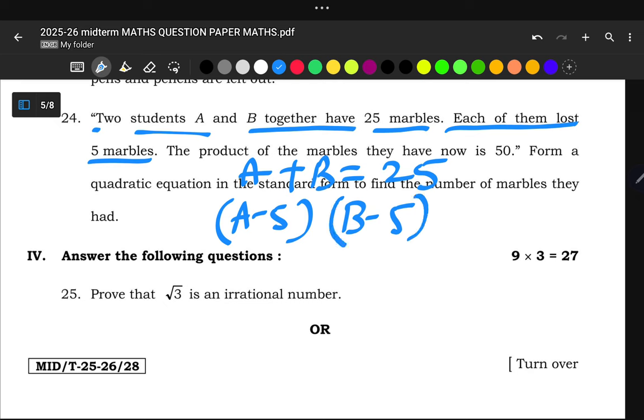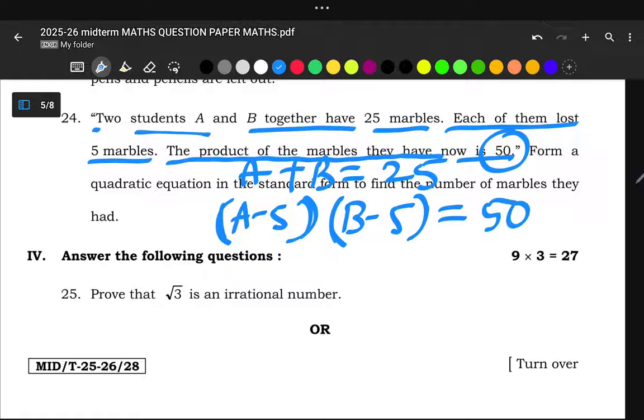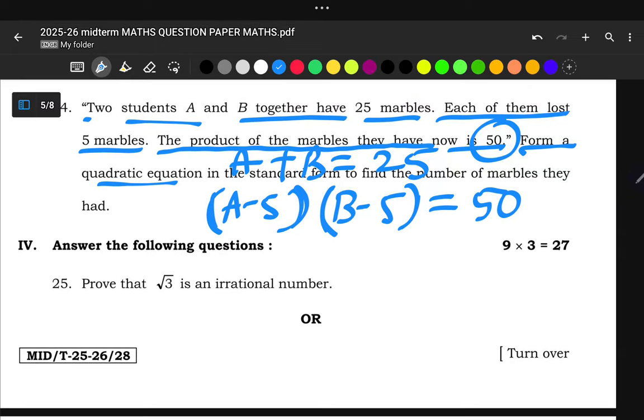So what is the next information given here? The product of the marbles they have now is 50. Product means you have to multiply: (A minus 5) into (B minus 5) is equal to 50. So form a quadratic polynomial. Now see, one variable is A and another variable is B here.